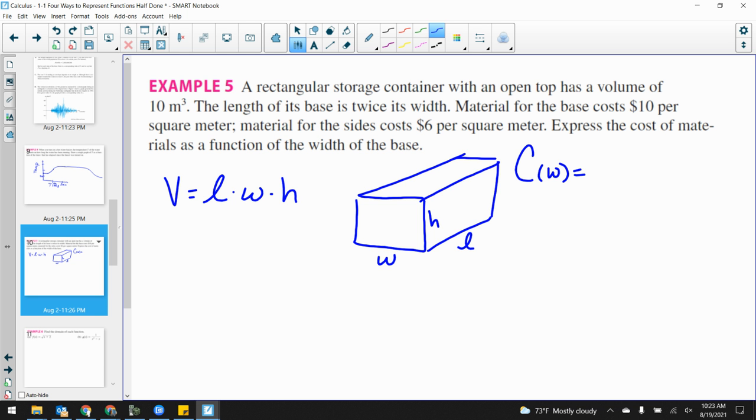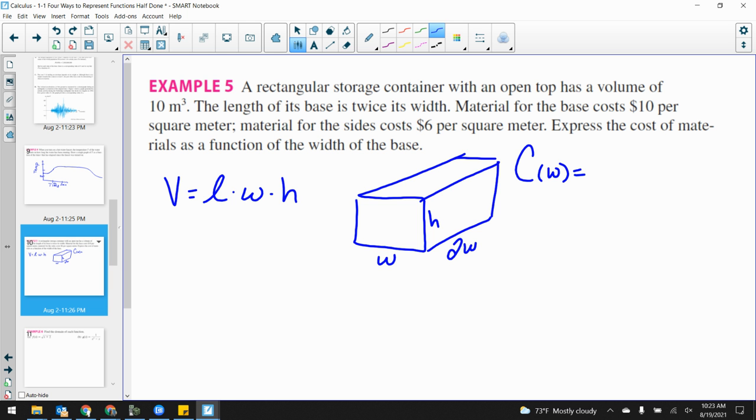I'm told that the length of the base is twice the width. So what can I put in place of L? 2W, right? This is not L anymore, this is 2W. So right now, we've already eliminated one variable.